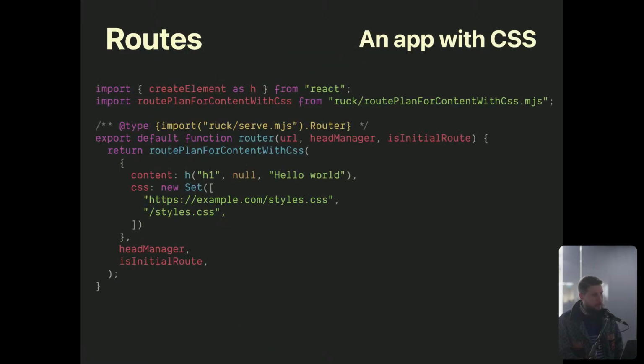So if you have CSS, now this is really different to everything else on a technical level and an API design perspective. So you can use this route plan for content with CSS helper that Ruck exports, and it takes care of all of the cleanup hooks and that uses the head manager and stuff to make sure that the CSS files that you're specifying load when the route is starting and they're unloaded when the route exits.